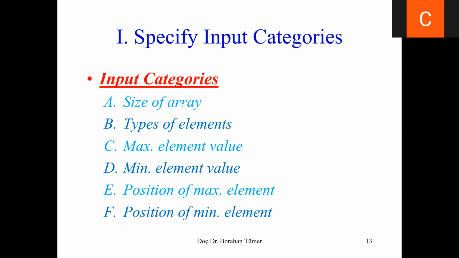So let's look at the input categories. These are the input categories you have suggested. Let's go with the second step then. What are we gonna do for each of these input categories in the second step?